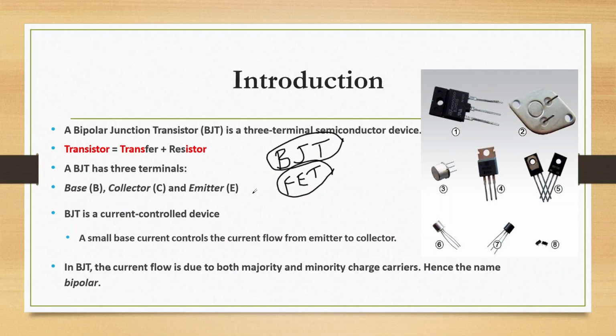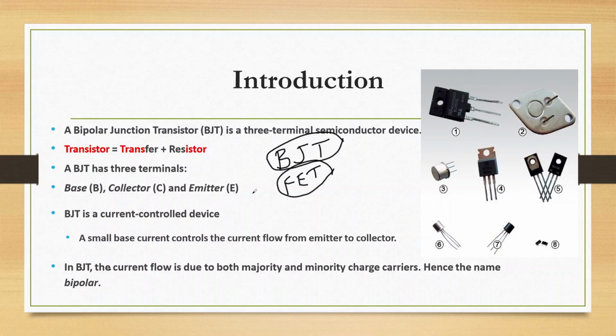That means it emits the charge carriers to the base, and the base, which is very lightly doped, is the middle section of the transistor and is very thin. It will pass the emitted electrons from the emitter through to the collector. The collector's main function is to collect the majority charge carriers from the emitter which have been emitted through the base. So this is the basic construction of the BJT: base, collector and emitter.